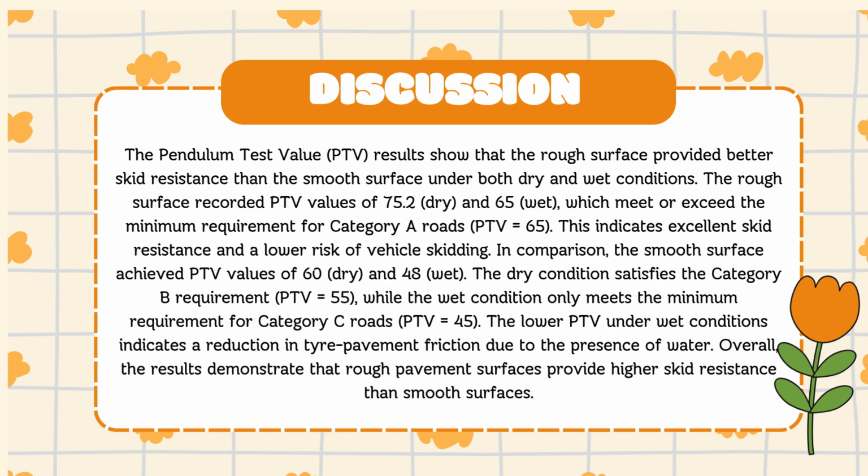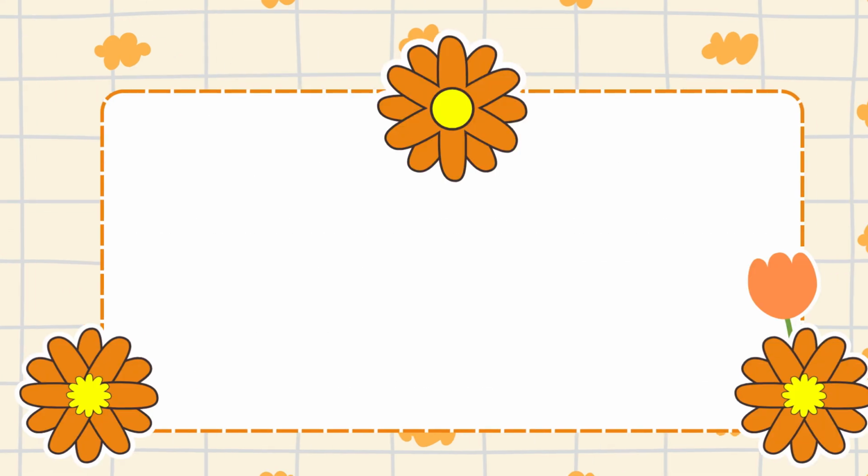The lower PTV under wet condition indicates a reduction in tire-pavement friction due to the presence of water. Overall, the results demonstrate the rough pavement surface provides higher skid resistance than the smooth surface.